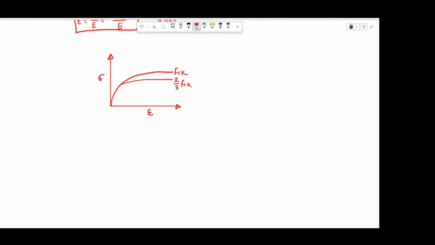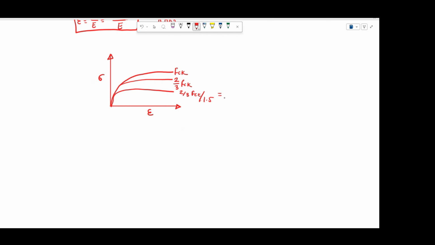After that, in that two-third of fck also, we apply the partial safety factor, so two-third of fck divided by gamma c, which is the partial safety factor of concrete.